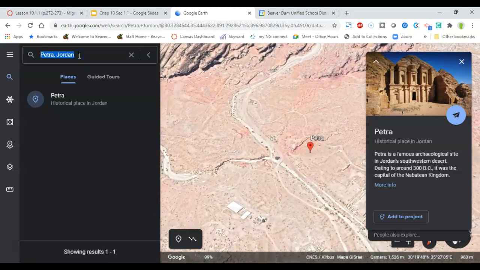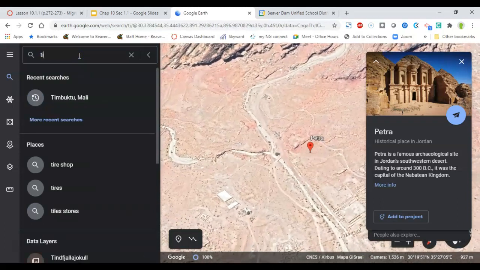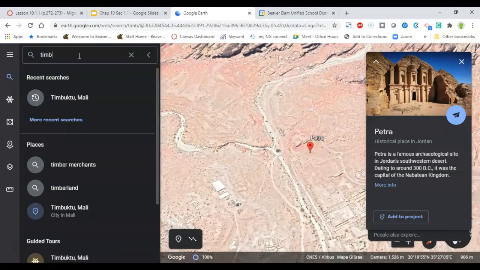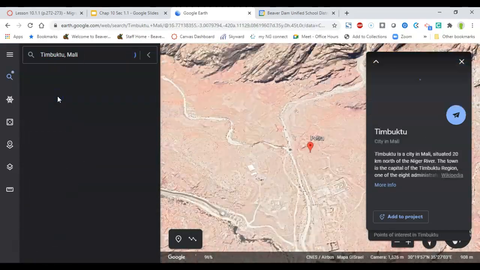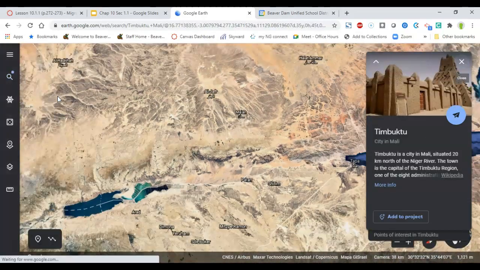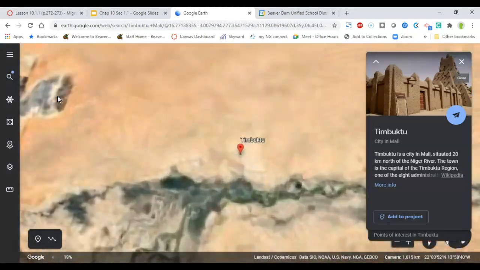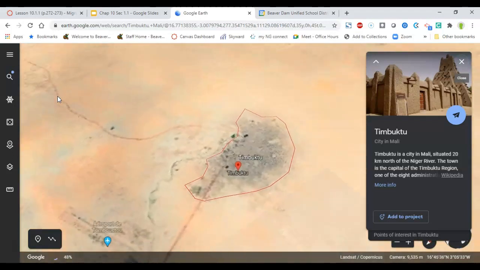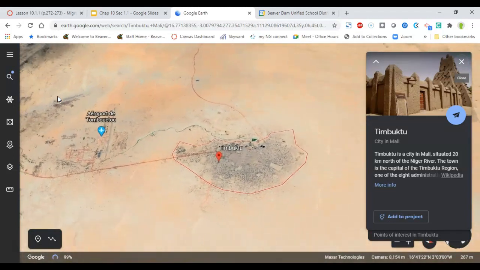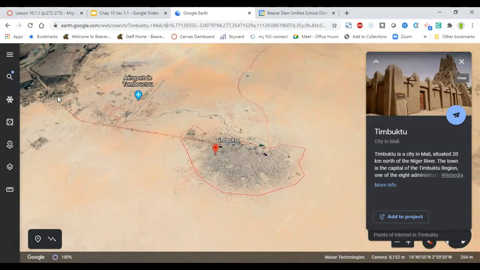And the other is Timbuktu. Timbuktu is in Mali, but it's a very old city in North Africa. And it's a historic place that people have written about for centuries.